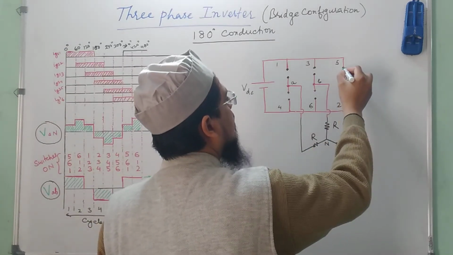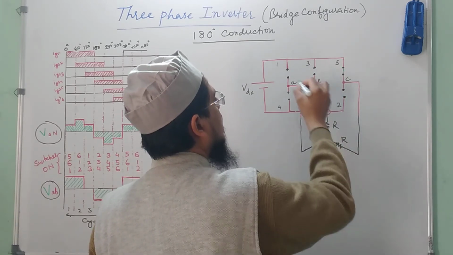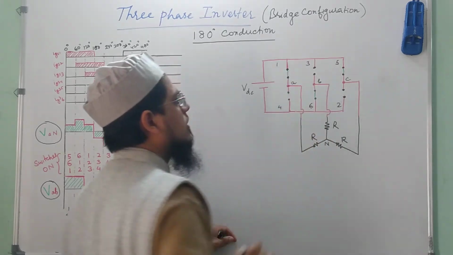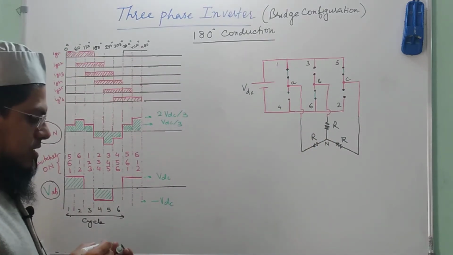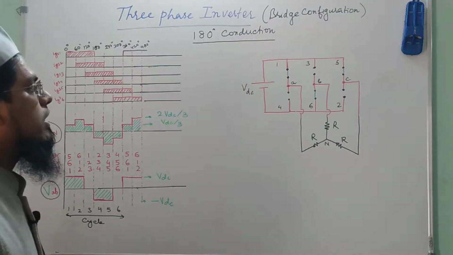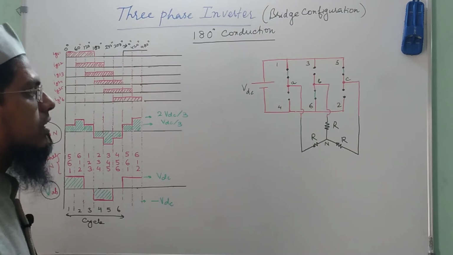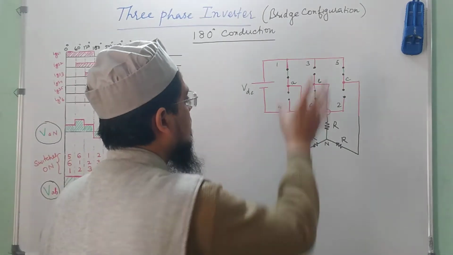That means I have to close this 5, this 6 and 1. If that is the case, let me draw the simplified version of the same circuit.